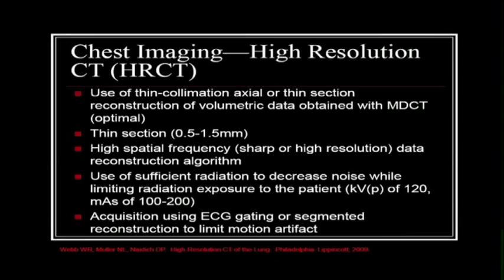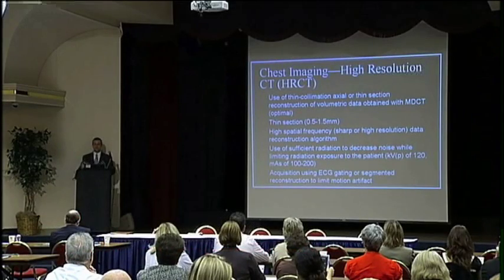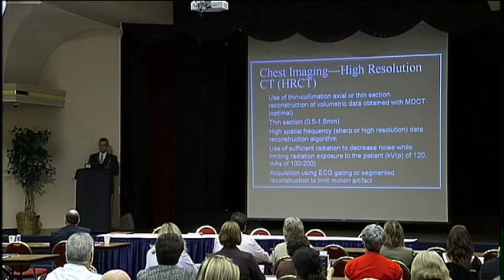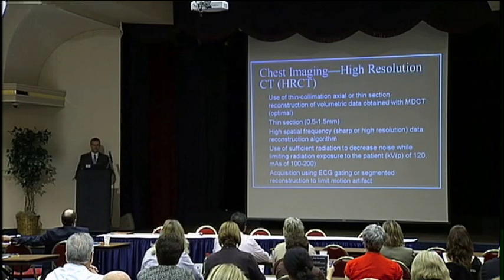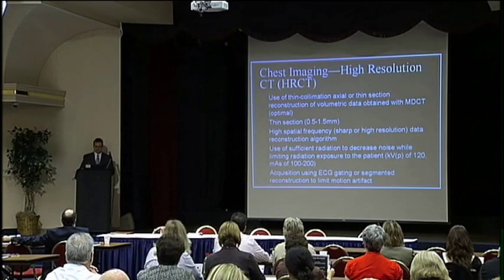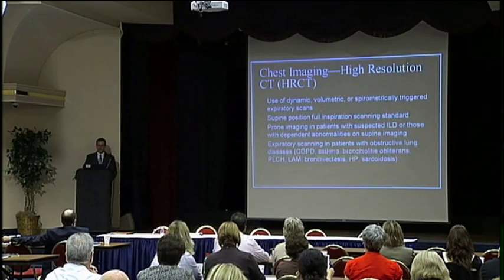And these are the technical settings used. The acquisition is using an ECG-gated or segmented reconstruction, and that limits motion artifact. The heart beating can actually cause motion artifact and can blur your image. So there's a lot of gating and other techniques used to limit motion and noise.